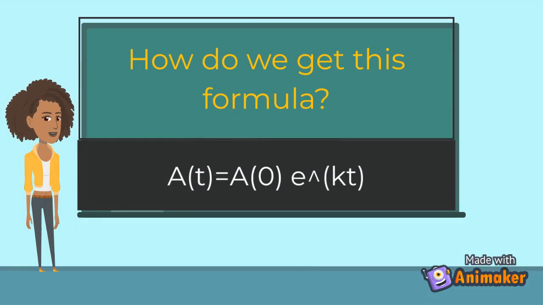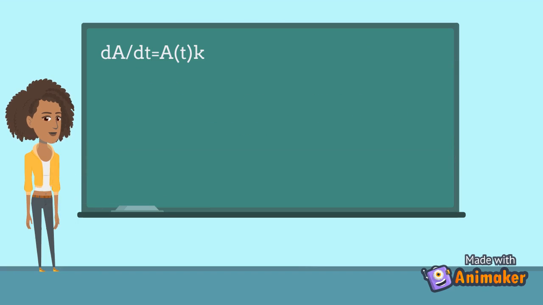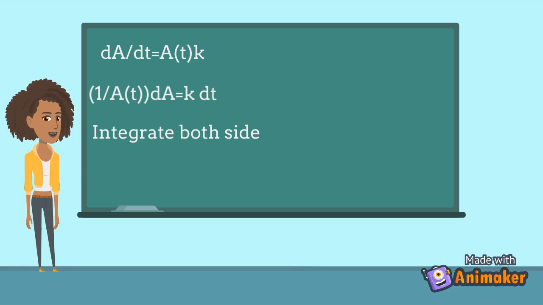Here I want to tell you how we get this formula. Since this method involves the decay of a radioactive isotope, where carbon-14 decays exponentially, the general equation for exponential decay of carbon-14 is the rate of change of the amount of carbon against time, equal to k multiplied by the amount, where k is a constant.